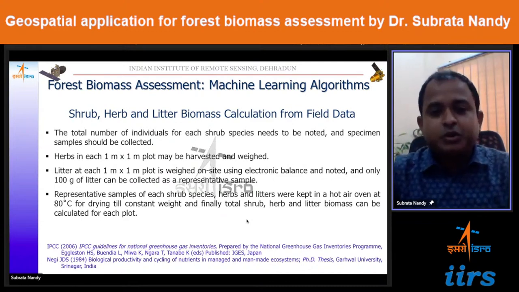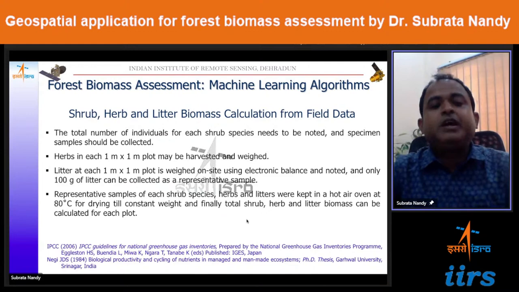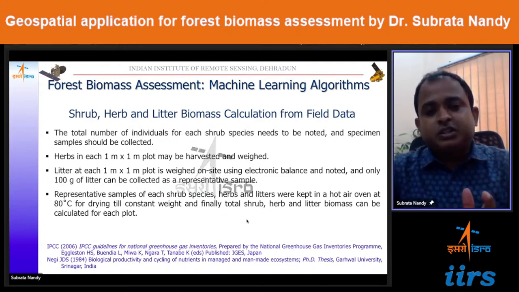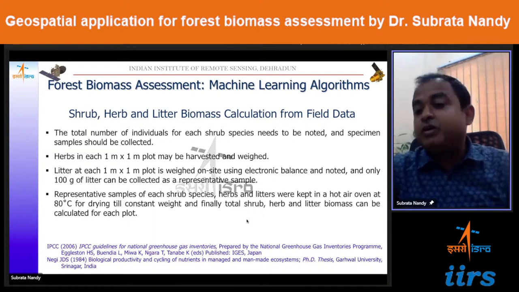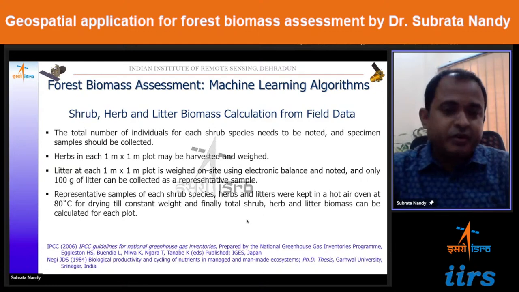Similarly for herbs, whatever we get in the 1 by 1 meter plot, we weigh it. That means the fresh weight is taken, and then a small sample of this is taken to the lab and oven dried to get the equivalent dry weight.